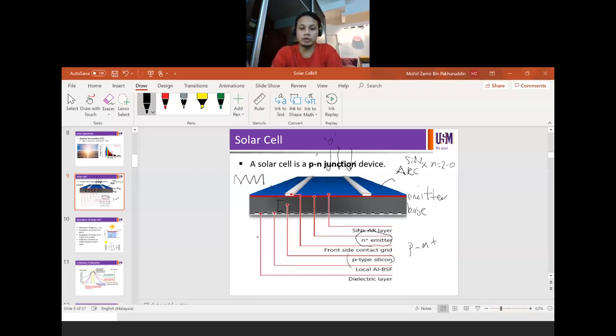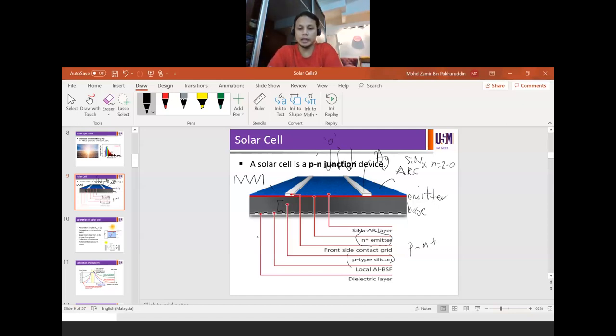On the front side, we also have metal contact. This is usually Ag or silver. It will form fingers. When I say fingers, that means it doesn't cover the surface fully, because we don't want to block the incident light from reaching our PN junction. So we coat the surface with fingers of silver. There is space in between, so that sunlight can hit your junction to generate electron hole pairs.